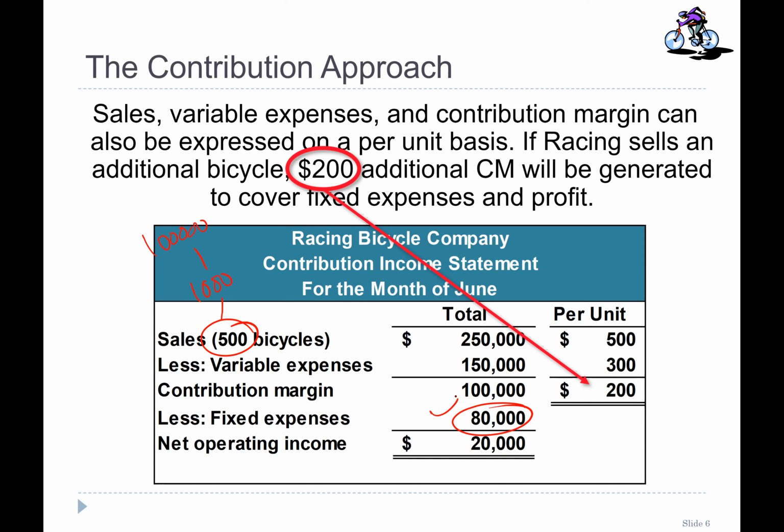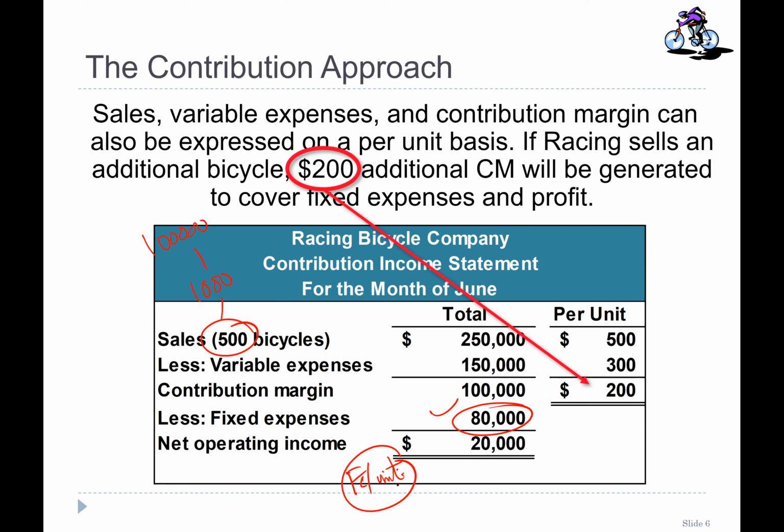But when converted to fixed cost per unit, then the behavior of fixed cost changes. Per unit behavior is not constant, right? What if right now this is 80,000, so 80,000 divided by 500, the answer is 160, right?